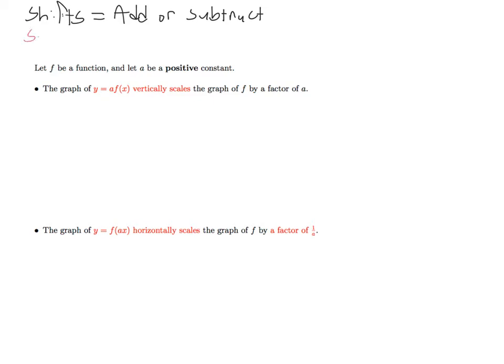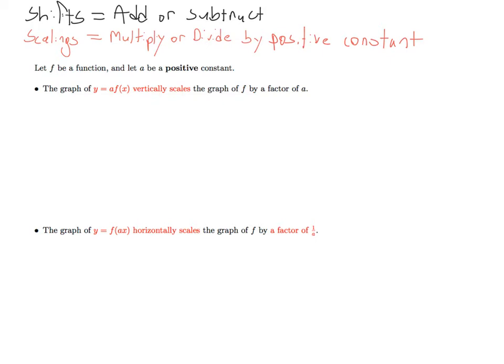And in this video, we're going to take a look at scalings. With scalings, this is going to be when we multiply or divide by a positive constant. For example, if we were to multiply outside by a positive constant a, then again, outside transformation is a vertical transformation, and in this case, that's going to be a scaling.